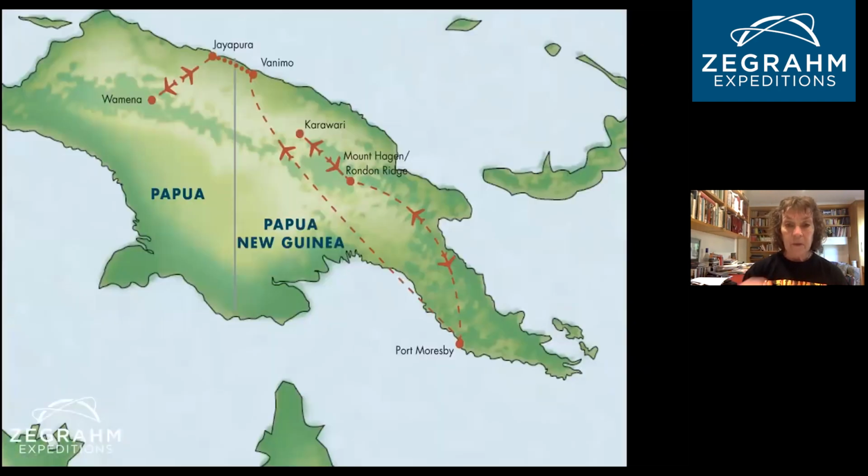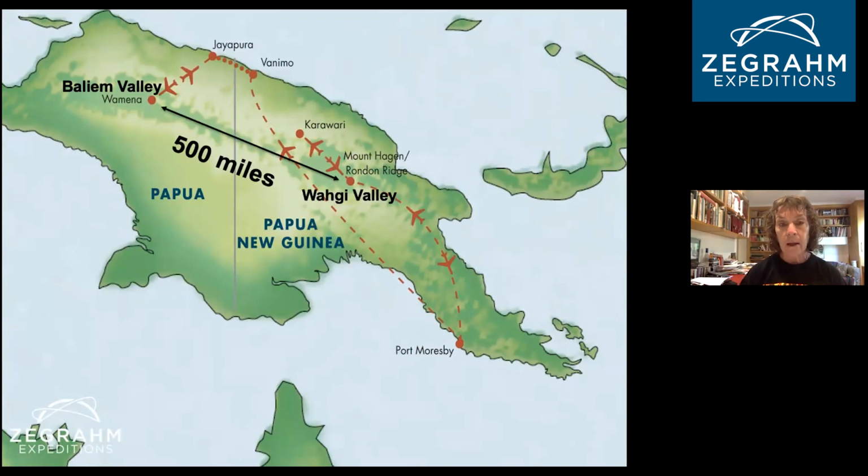Many areas of Papua New Guinea provide archaeological and environmental evidence of forest clearing around about 10,000 years ago. In at least two sites, so we've got the Baleen up there, and then the Wagi, which is 500 miles away, they've taken pollen samples from deposits that are 12,000 years old.